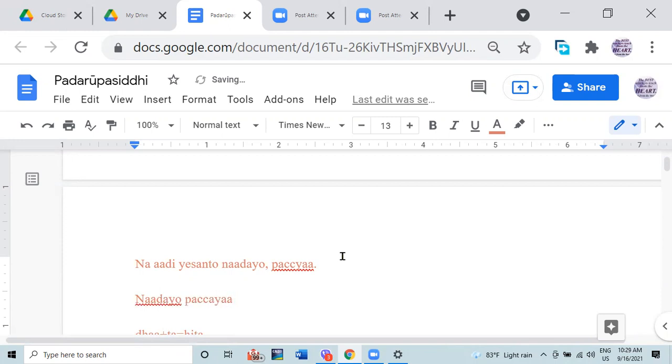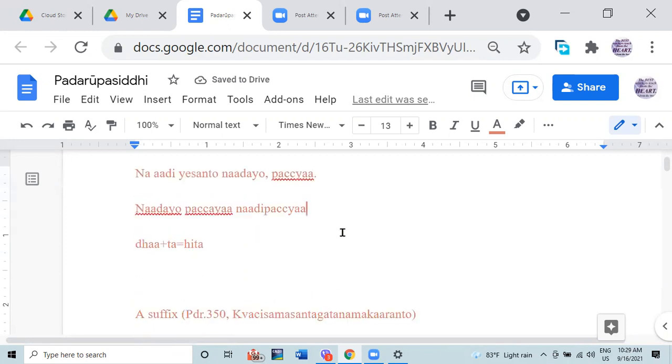Pajaya nari Pajaya. Narayo Pajaya nari Pajaya. So na adi yesan di narayo.